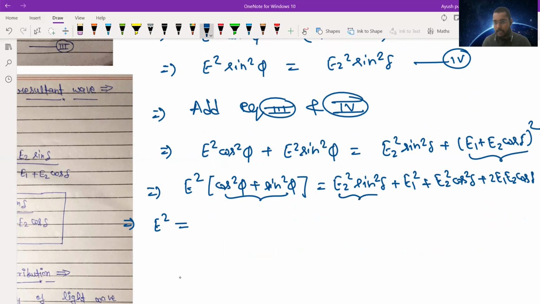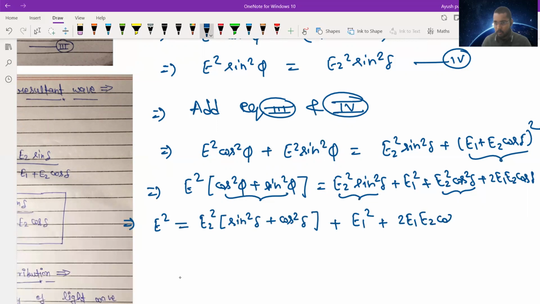Now this is E2 square sin square delta and this is E2 square cos square delta, so let's take E2 square common. In the bracket we will be left with sin square delta plus cos square delta, and then we will have E1 square plus 2E1 E2 cos delta, right?